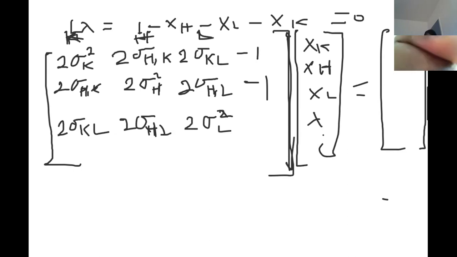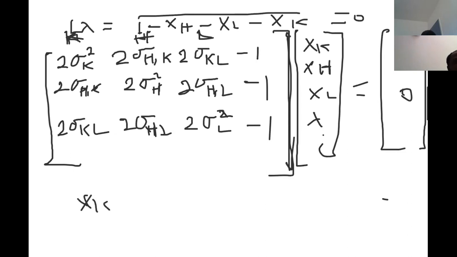It's okay. Now the next one is the fourth equation, when we differentiate with respect to lambda. So that one is what we had, 1 minus SH. So the same as SK plus SH plus XL equals to 1.